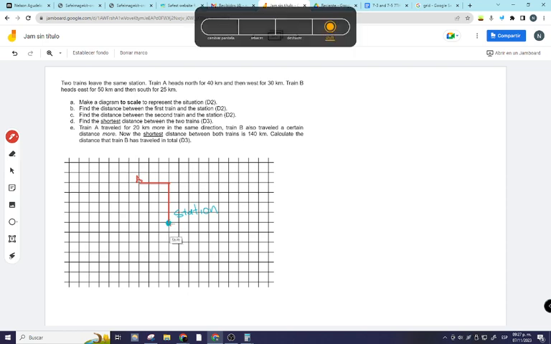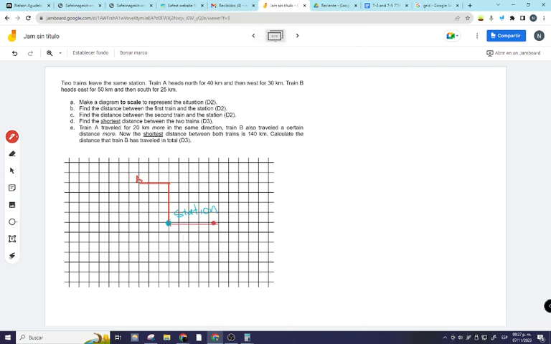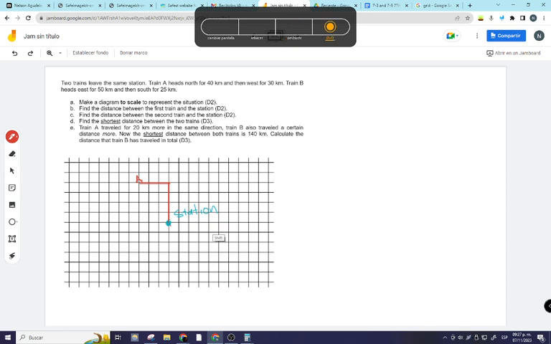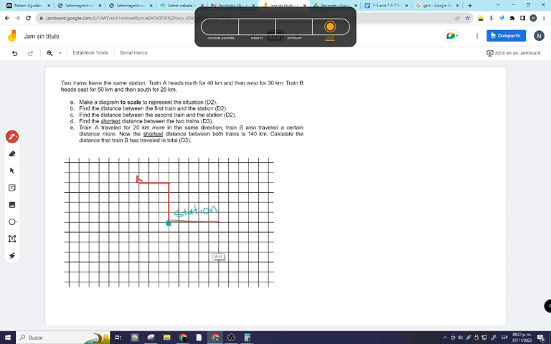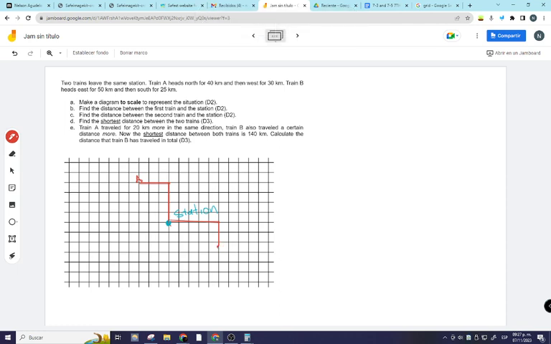So let's do 5 squares that represent 50 kilometers. And then south, which is going down, for 25. So it's approximately 2 squares and a half. More or less here. So here would be train B.